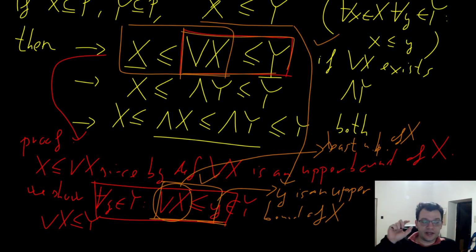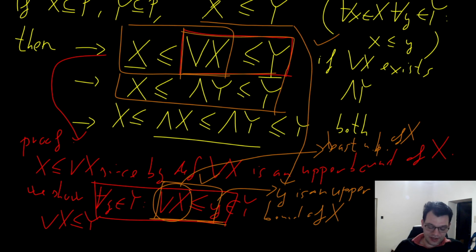So we have that if we have two sets X and Y, and Y contains upper bounds of the members of X, and the supremum of X exists, then the supremum is still a lower bound for Y. So you can increase X a bit, but you will still be below or equal to Y. Now this is sort of similar.